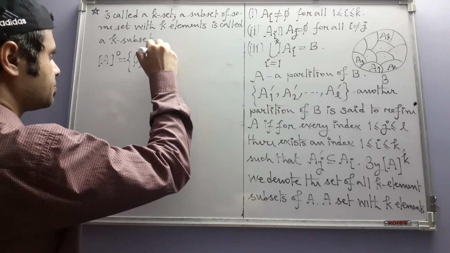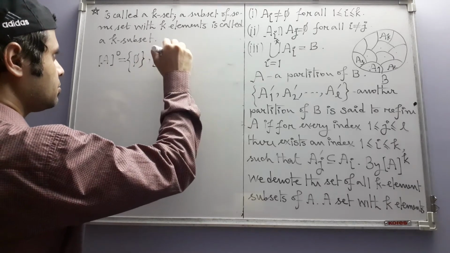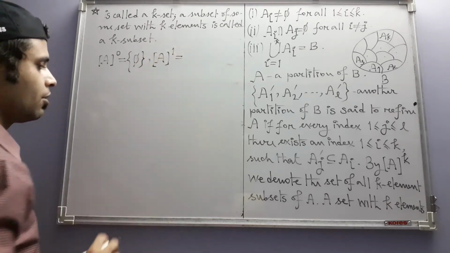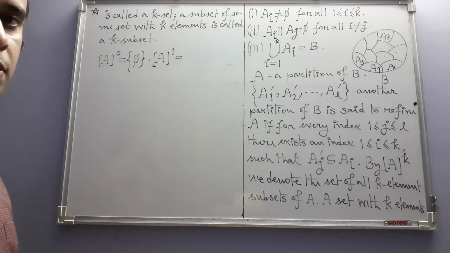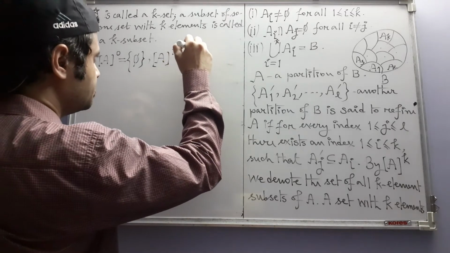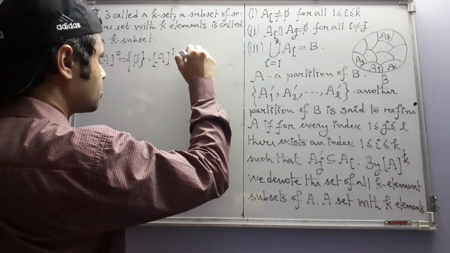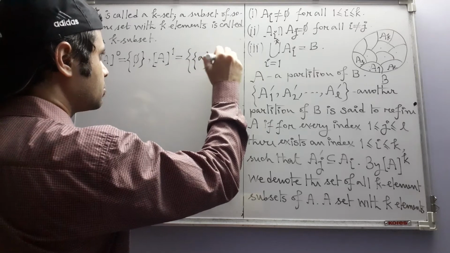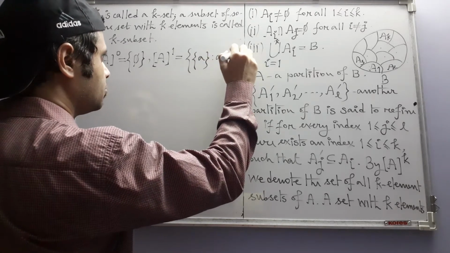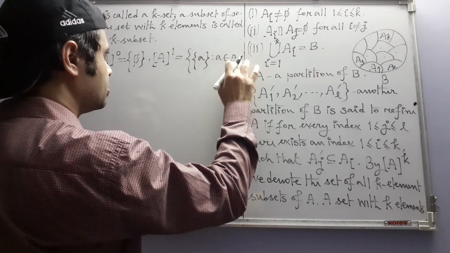Like that, this is the set of all one element subsets of A, or in other words, the set of all singleton subsets of A. So in set builder notation, we can write that like this.